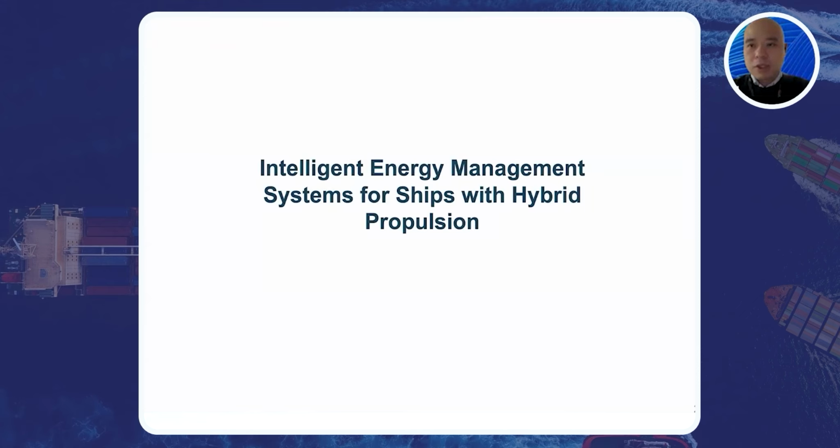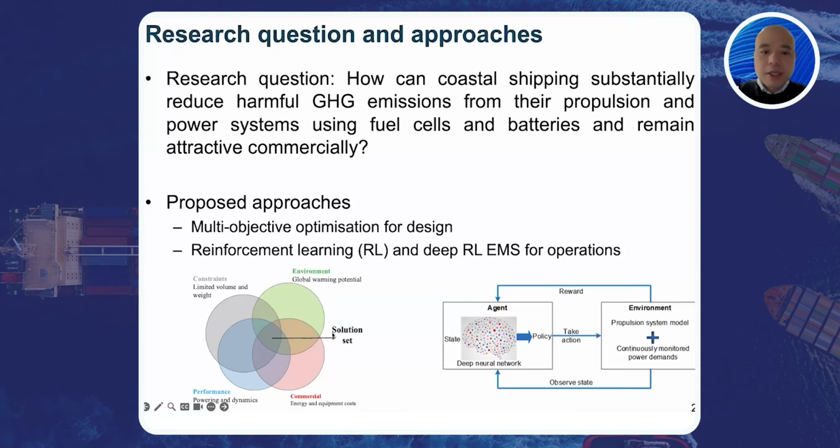The first one, the figure on the left side, focuses on the design optimization of the hybrid powertrain. We formulate this problem as a multi-objective optimization problem for design. We have a lot of constraints coming from the powertrain and also from the vessel.